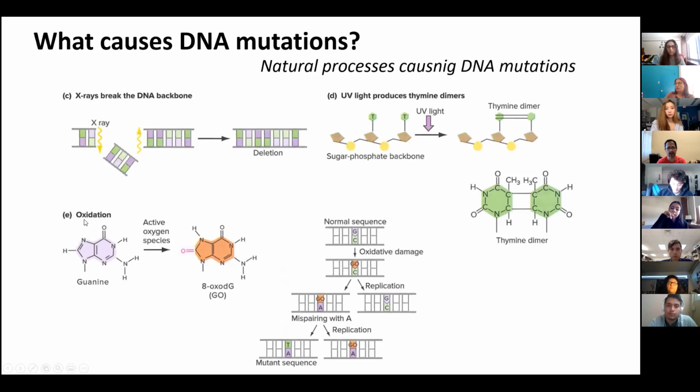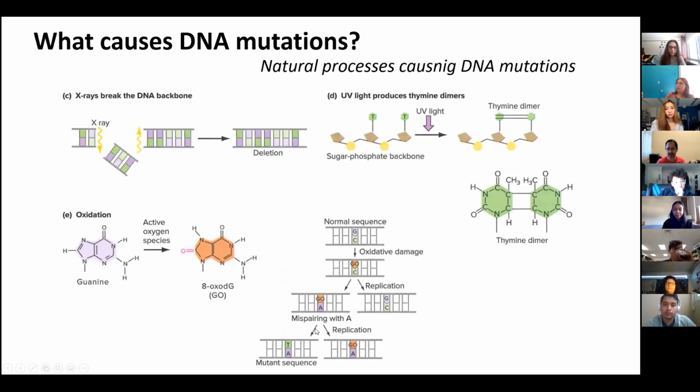And we also have the oxidation that can occur, like in this example, where this oxygen group is added here. And then again, as in the previous example, when the DNA replication occurs, that oxidized guanine is going to be recognized not as a guanine, but it's going to be paired with an adenine, as you can see here.